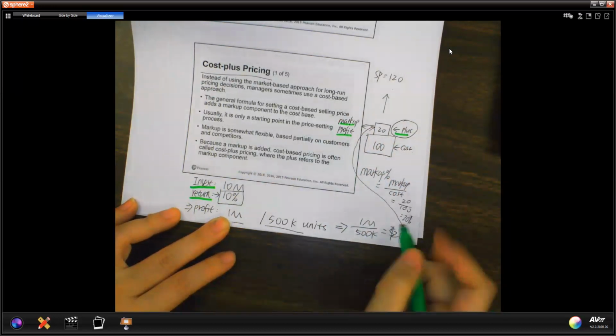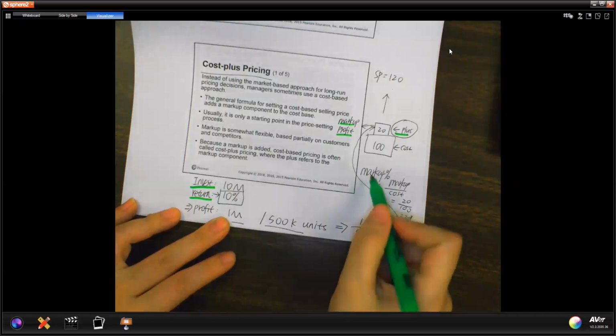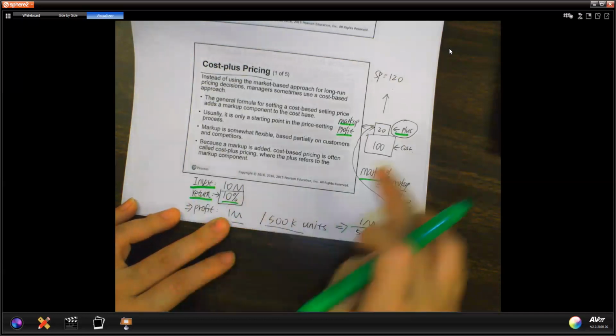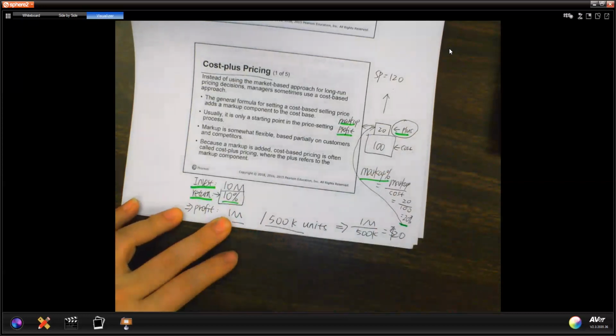So you have a 20%. This 20% is your markup percentage. The 10% is your return percentage. So don't mix these two percentages. You use your investment return to get your markup. You get your markup to get your markup percentage.